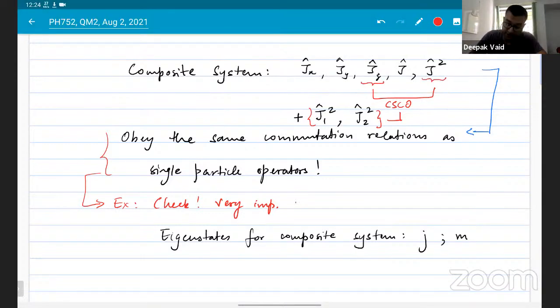The second is that Jz, J square, j1 square and j2 square all commute with each other.